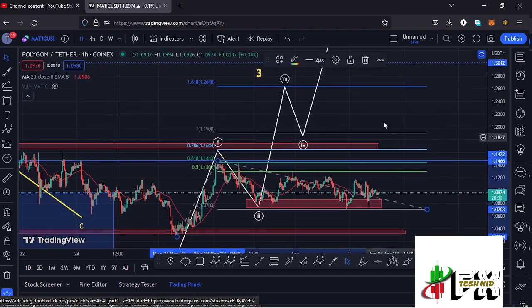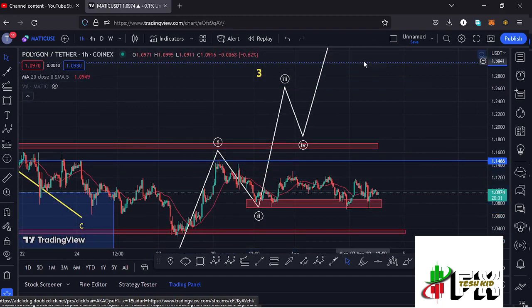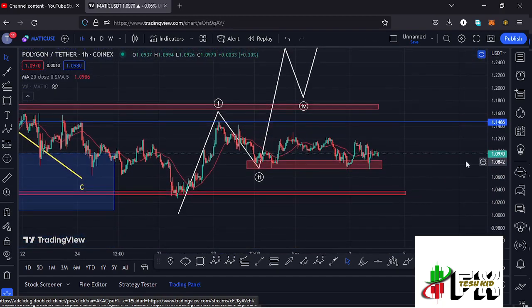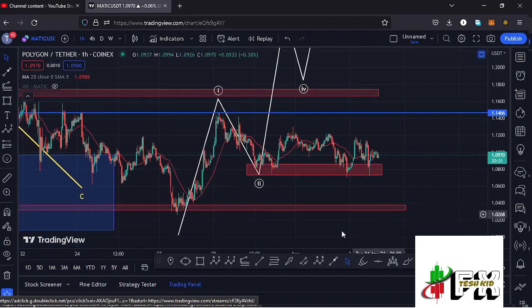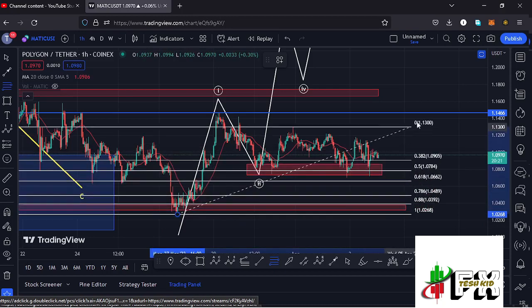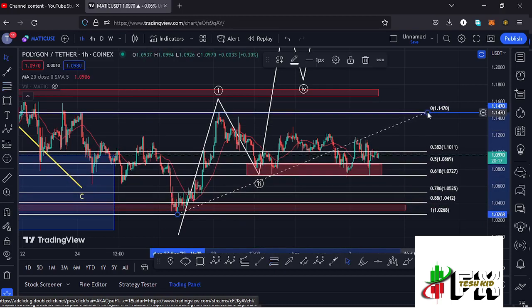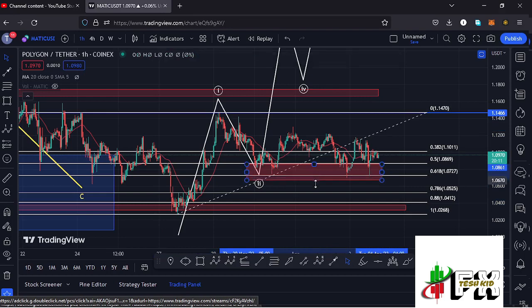And in case the breakdown continues here on the Polygon Matic chart, we also need to be prepared in terms of our target areas, and using the Fibonacci's once more, connecting them from the low of the first wave to the high of that wave 1, we can extend our target area to the lower side to accommodate further breakdown back to the fib level 0.78, which is still a minimum retracement area in the formation of that wave 2, and that lies at around the $1.0525 mark.